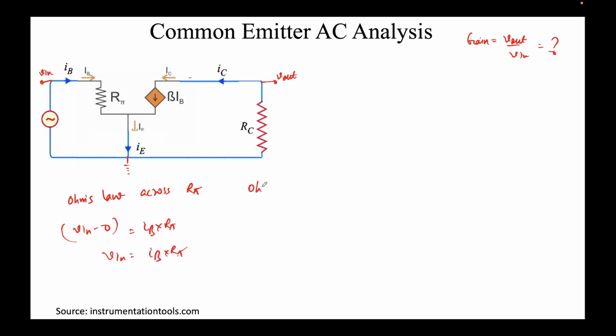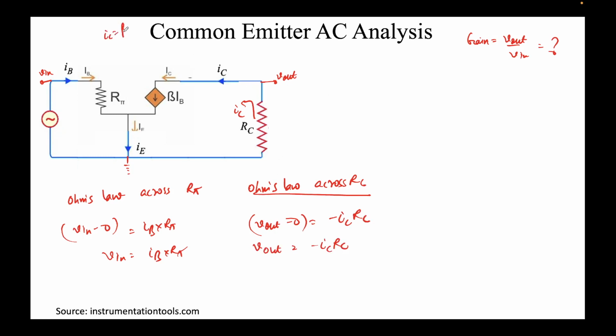Now I apply Ohm's law across RC. The current is flowing in this direction, mind you. So I get V out minus 0 equal to minus IC times RC. This is the expression that I get: V out equals minus IC times RC, and note that IC equals beta IB.